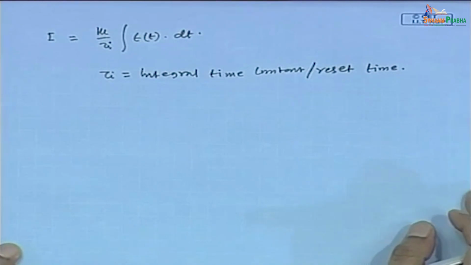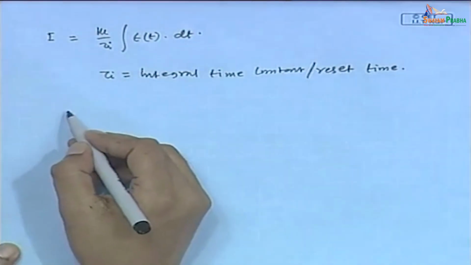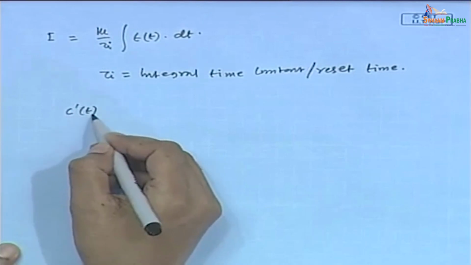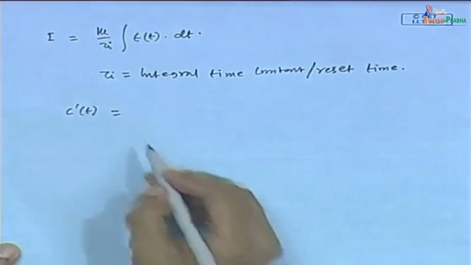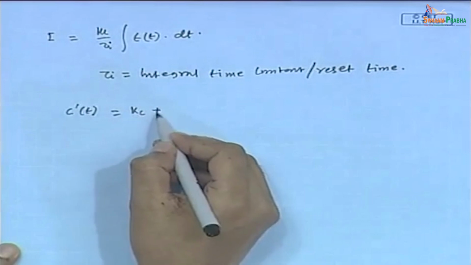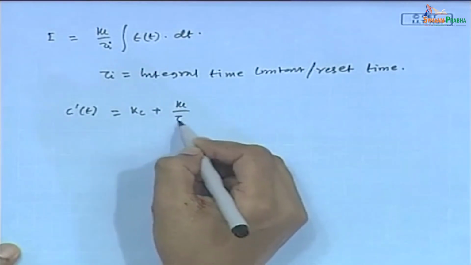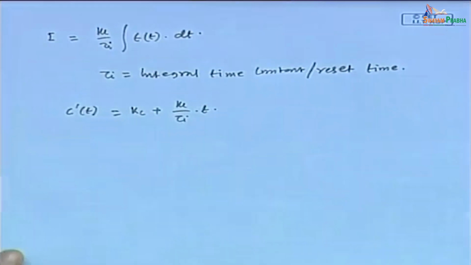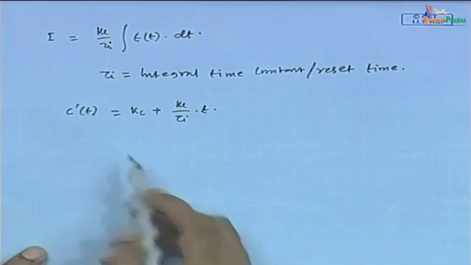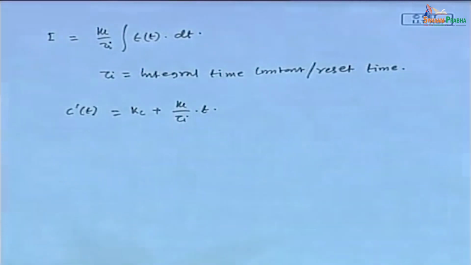Fine. Now, for the PI controller, we got C prime t equals Kc plus Kc divided by tau I into t, by introducing a unit step change in error signal.